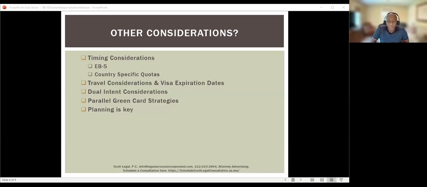Sometimes we have clients with parallel green card strategies, because EB-5 is complicated: you get a conditional green card, and you have to remove those conditions. We have one client who was approved under EB-5 direct, but she's also likely eligible for a national interest waiver. So we have been encouraging her to file that petition, because you just file the petition and you get the green card, so there's no conditional period and no long waits.